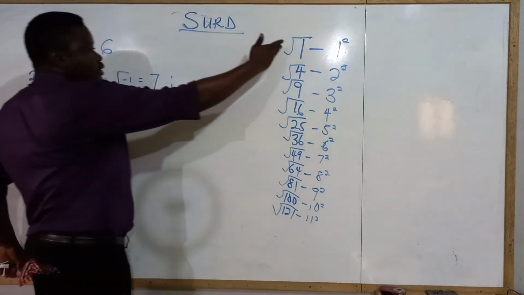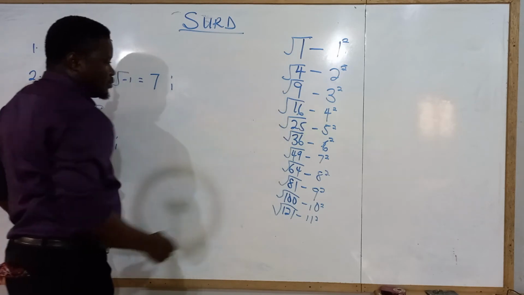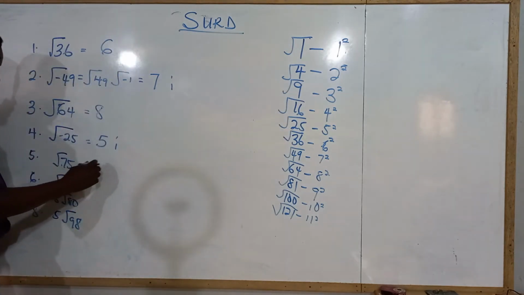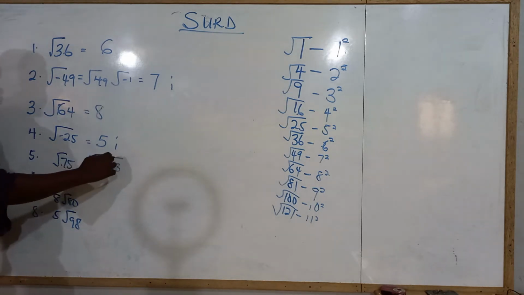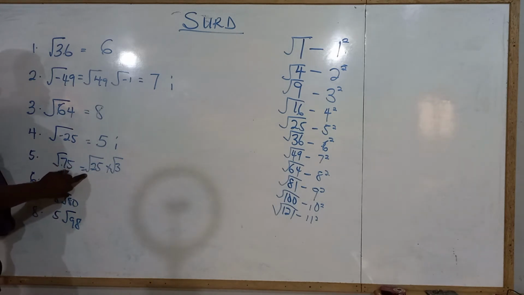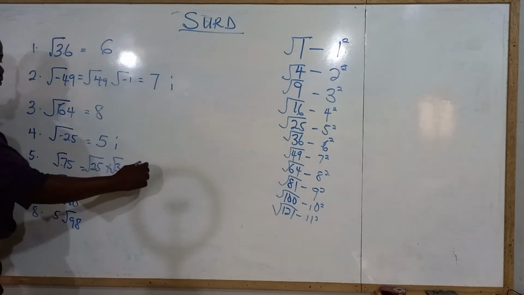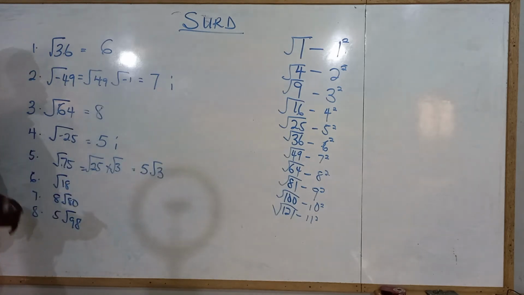And when we go through these perfect squares, 1, 4, 9, 16, 25, we could see that 75 is equal to 25 times 3. And the square root of 25 is what? 5. Therefore, we are going to get 5 root 3.